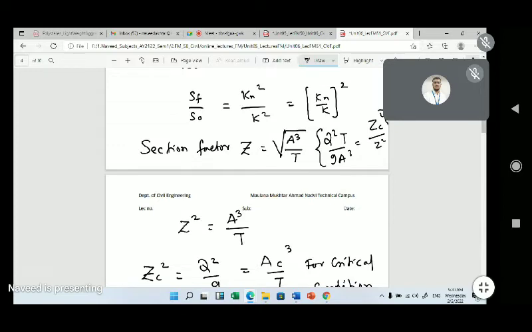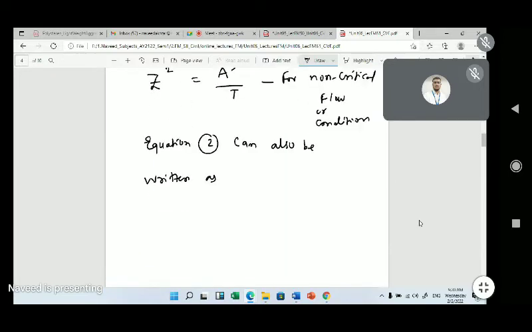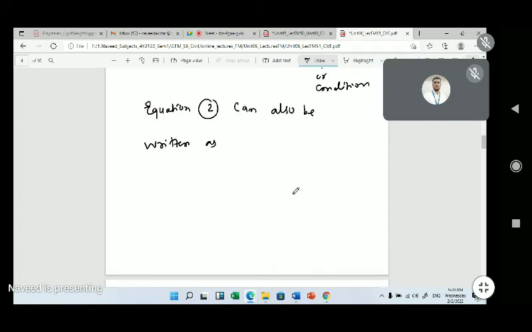So here, in place of equation number 2, Q square T upon G A cube, we can write ZC upon Z.